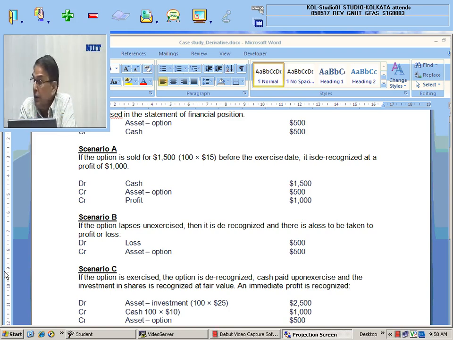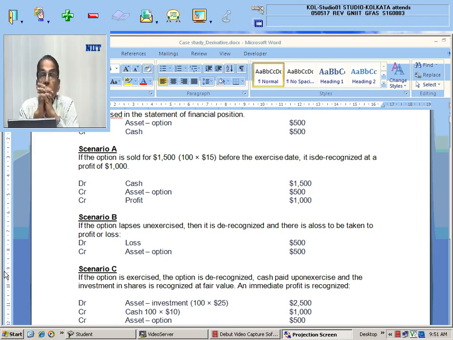So we debit asset investment 2,500, we credit cash 1,000, we derecognize the earlier asset option, so we credit asset option 500 and the balance amount 1,000 is the profit from this derivative transaction, so it will be credited to the profit account.